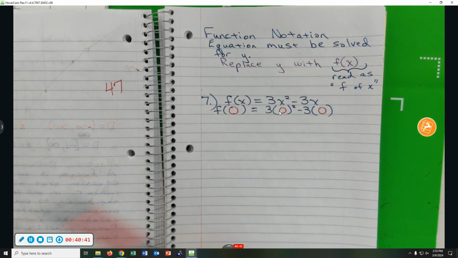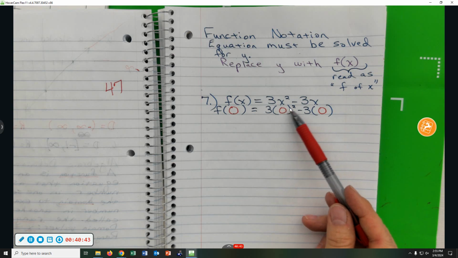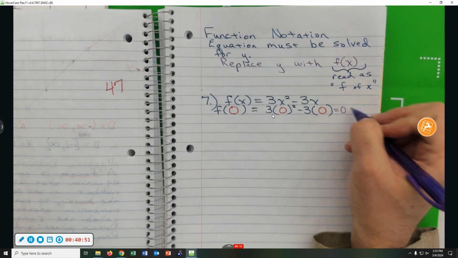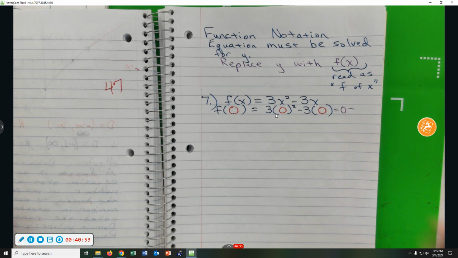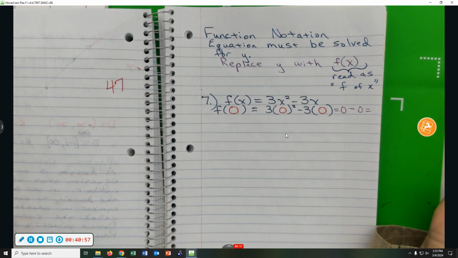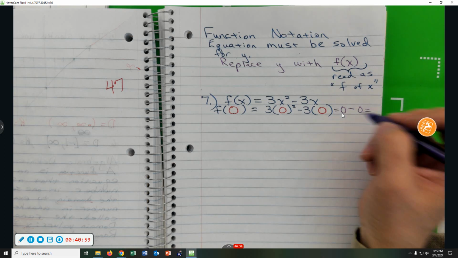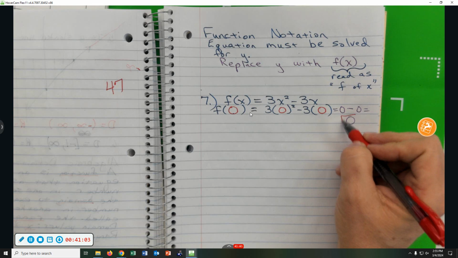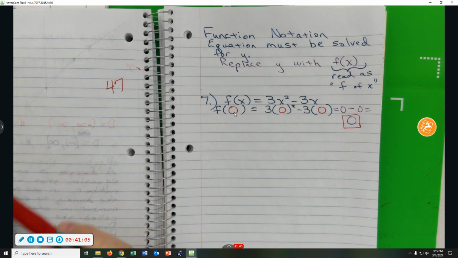You perform the exponentiation first. 0 squared is 0 times 3 is 0 minus 3 times 0 is 0, to give me a final answer of 0.